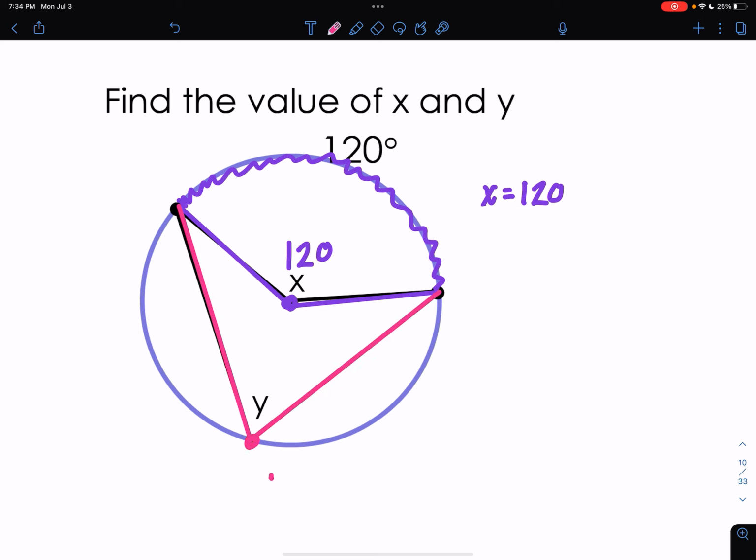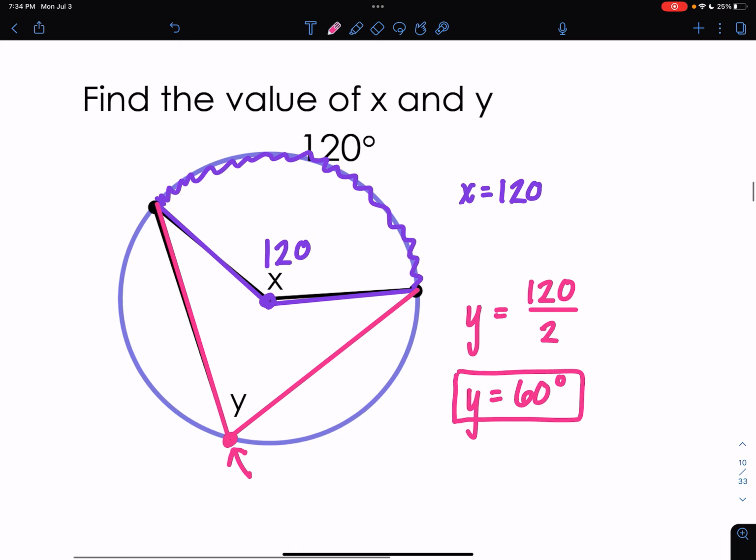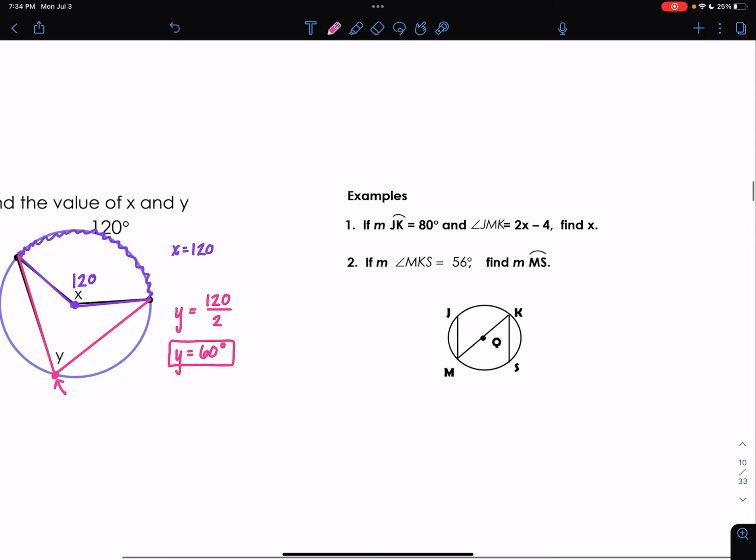Y has its vertex on the circumference of the circle. So Y, the angle, is equal to its arc divided by 2. So Y is equal to 60 degrees. All right, so if you have a central angle and an inscribed angle intercepting the same arc, remember the angles won't be the same. They have different relationships with that arc.